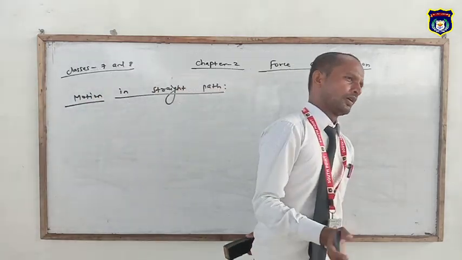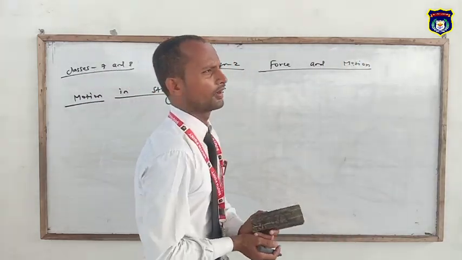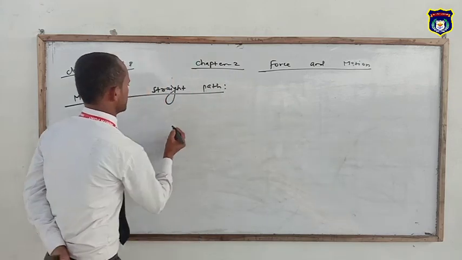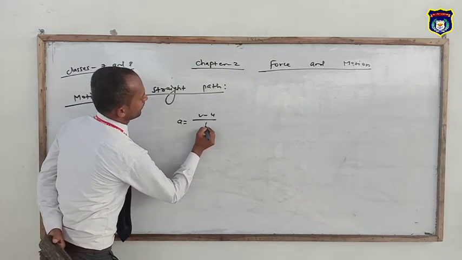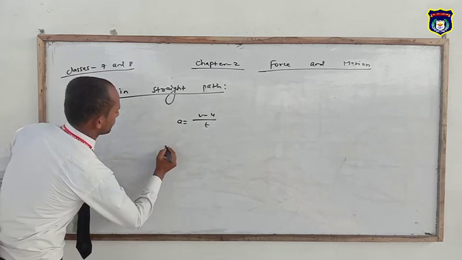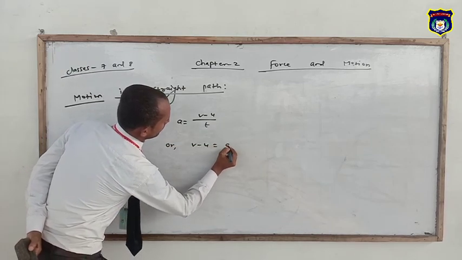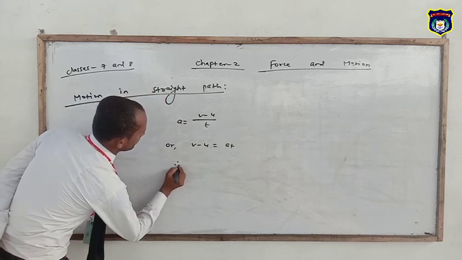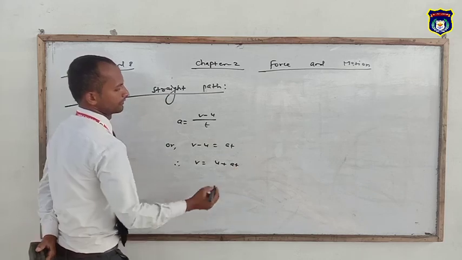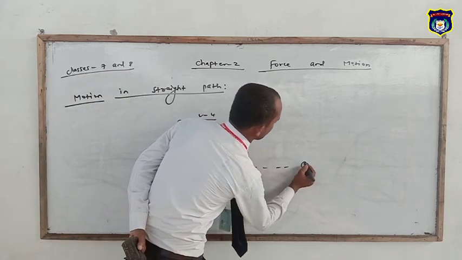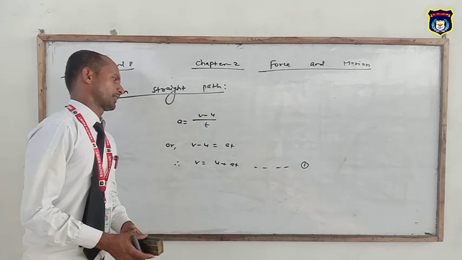Firstly, from acceleration we have seen that the formula for acceleration is a equals v minus u by t, or v minus u equals at. Therefore, v equals u plus at. This is one of the relations for motion in a straight path.